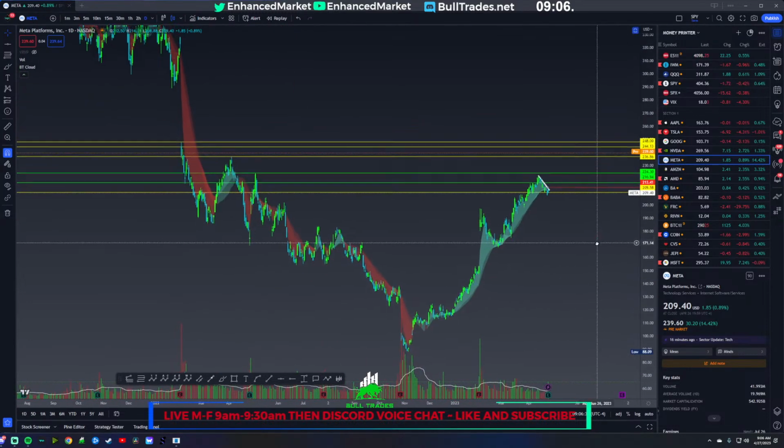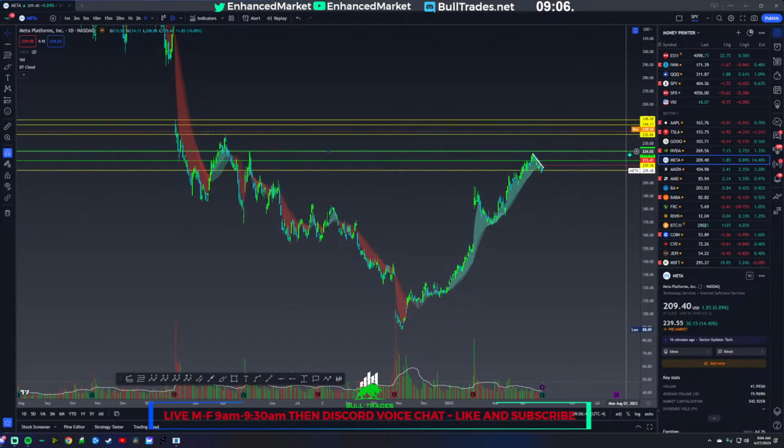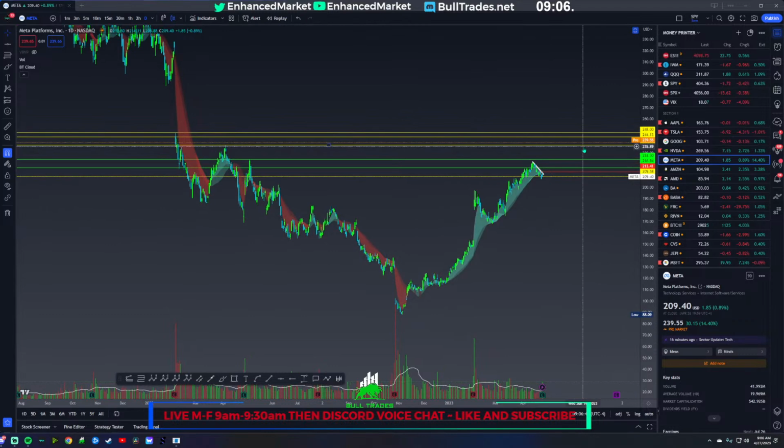Okay, but nice uptrend here. We were at 88 back in November, almost 200%. We're just under 200% from the lows here from November. That's insane. Wow.